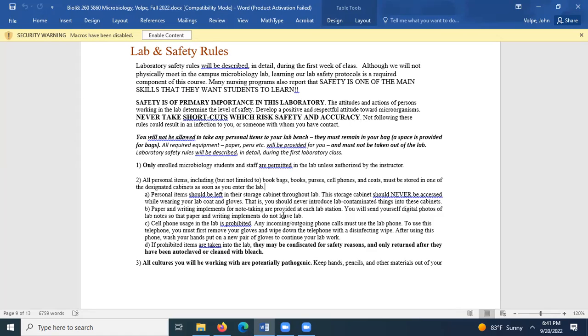But the point is, stuff that's in the lab stays in the lab. And the purpose is to keep you and others safe. We don't want the microorganisms which are in the lab to leave the lab. Any questions about any of that?